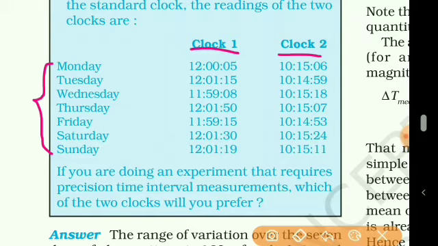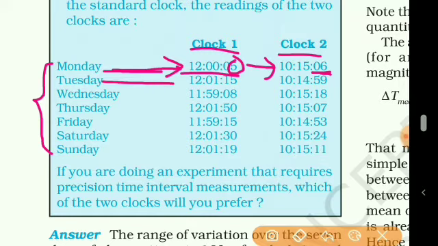So on Monday it was found that the first clock shows the time 12 hour and 5 second. What is the exact time? Actually it is 12 o'clock noon, because the standard clock shows 12 o'clock, but here the first clock shows this much time and the second clock shows this much time, 10 hour 15 minutes and 6 second, and so on.